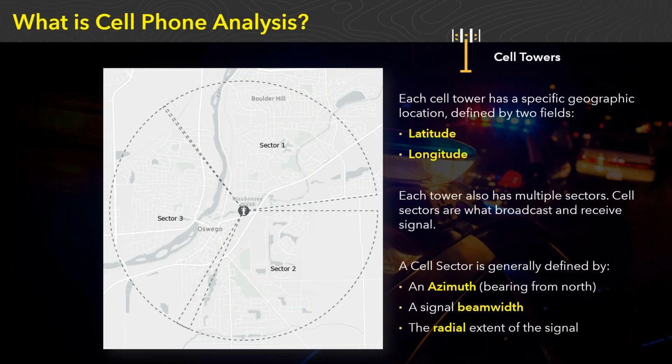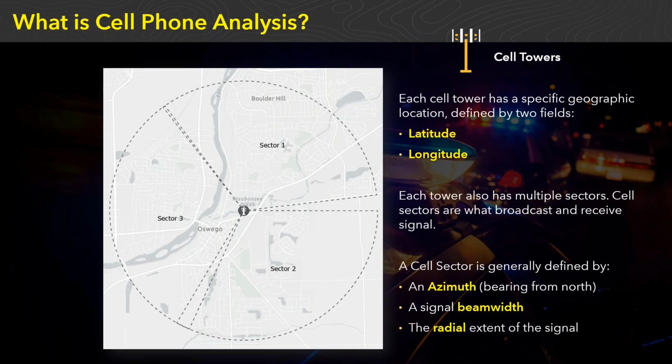First, to identify the tower location, the carrier is going to provide you latitude and longitude. That's going to enable you to put a point on the map that reflects the location of the tower itself. And then each tower is going to have multiple sectors. The cell sector is the thing that's going to be emitting the cellular signal that your cell phone picks up and attaches to when it's making its call.